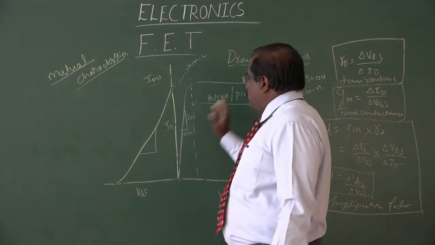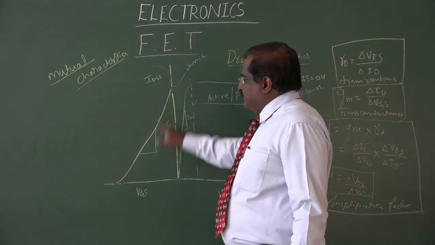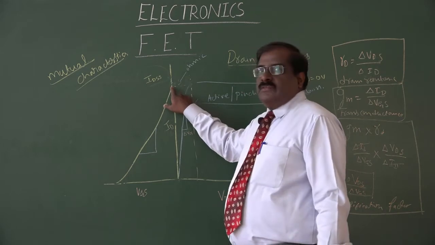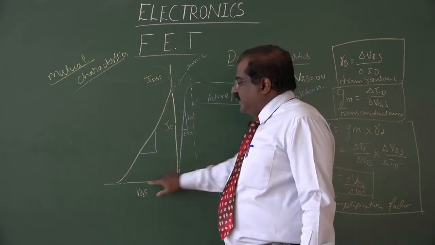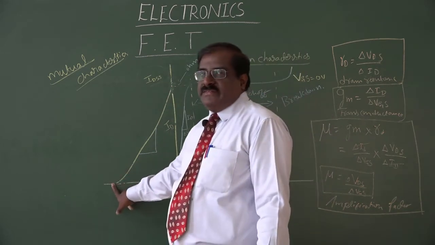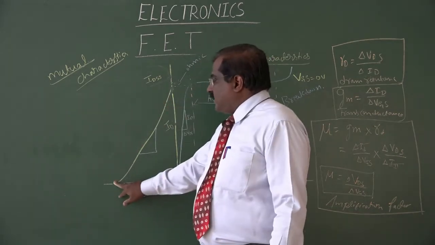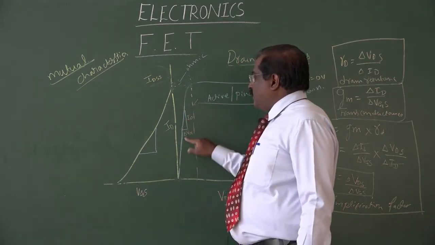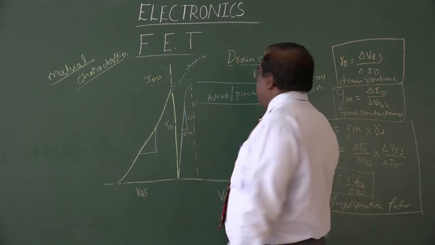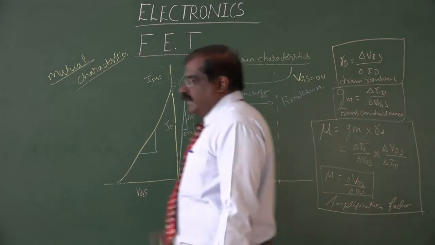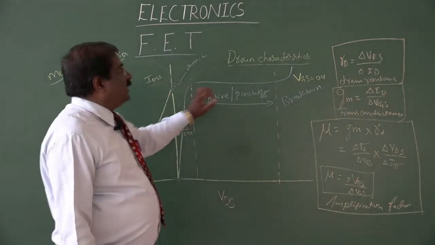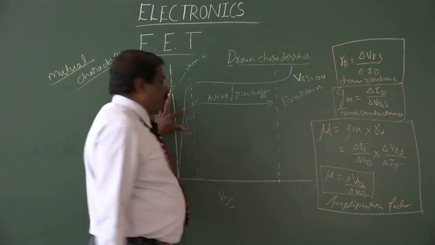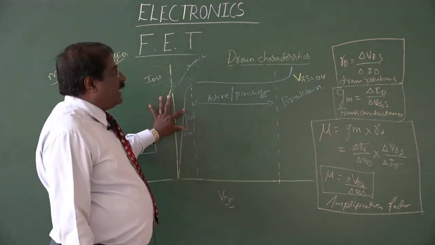Now, in the mutual characteristics, ID is maximum, and as VGS is increased, it goes on decreasing. At that time it comes to almost 0. So draw the slope on the ohmic region. At that time we get what is known as the drain resistance, that is delta VDS by delta ID.